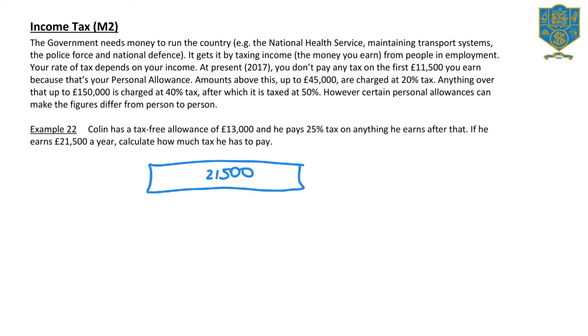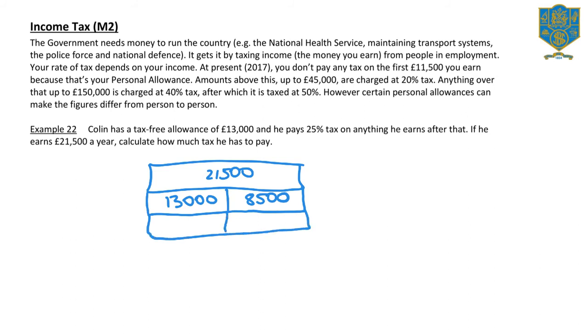And the first amount that will come out of that is his tax-free allowance of £13,000. So there's £13,000 as tax-free, which means there's going to be £8,500, which is taxable. So this is all 0%, so it's tax-free, whereas the rest is 25%.